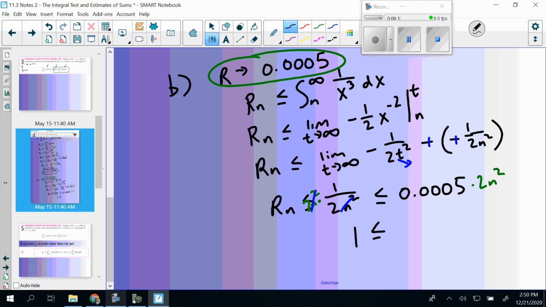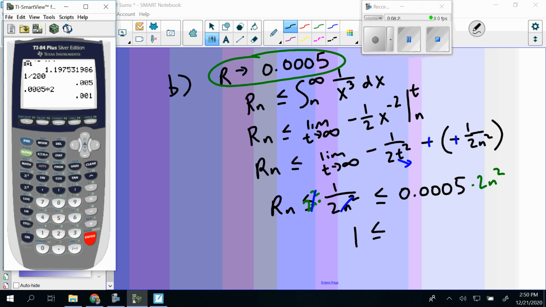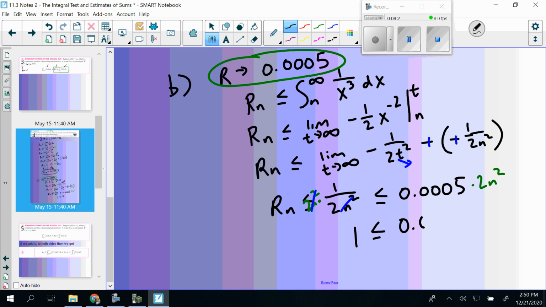If we do that on a calculator, this is 0.001 n squared. All right, well, we want to keep solving. Now let's divide both sides by 0.001.